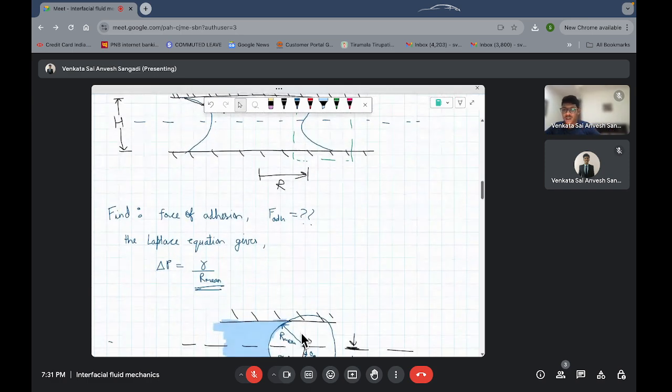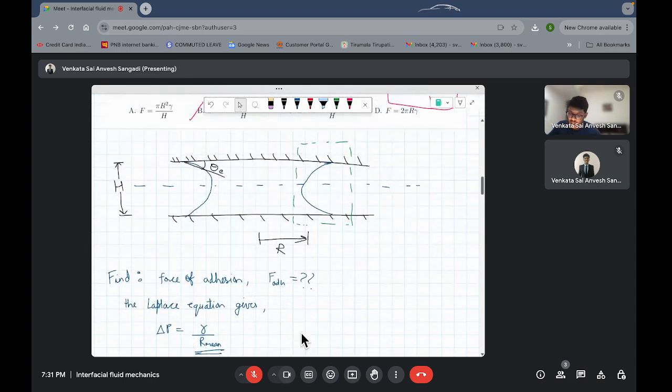The key in solving this question was to identify the buildup of pressure inside due to the presence of curvature at the boundaries, here and here. This pressure is uniform throughout inside, and it acts on the plate.